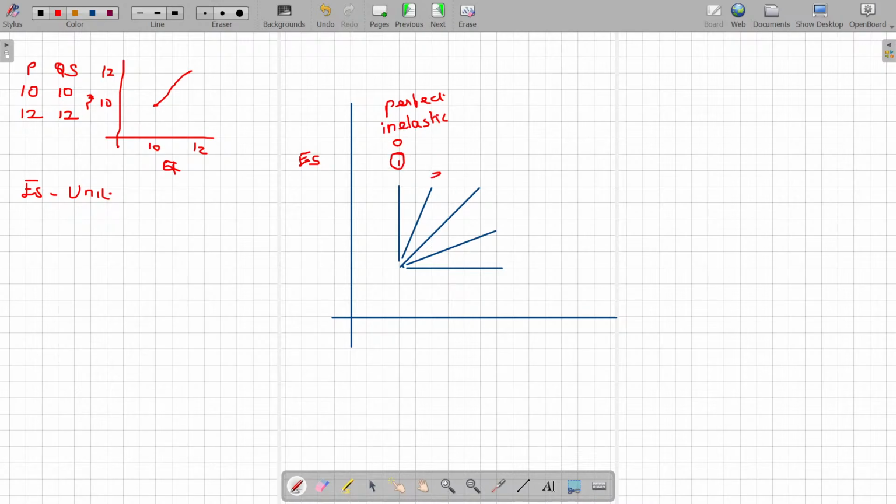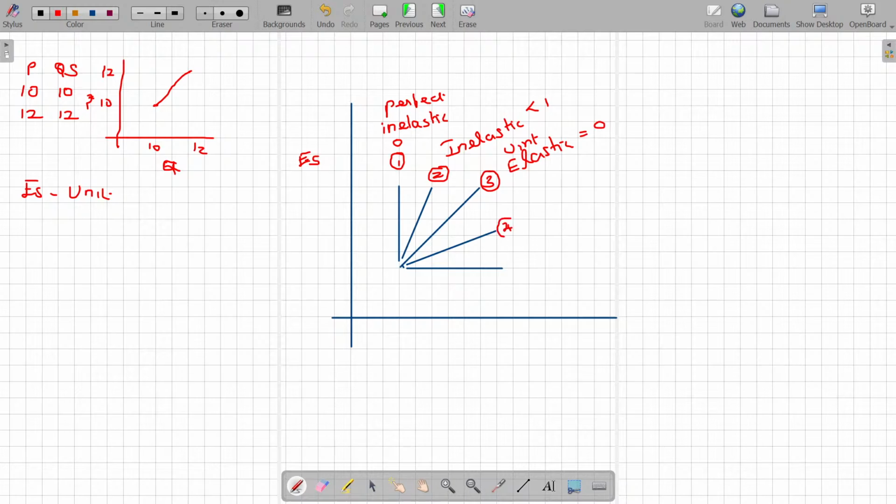And the second one being less than 1. Okay, inelastic. Inelastic, and it should be less than 1. And this one being unit elastic. Always elasticity of supply should be equal to 1.